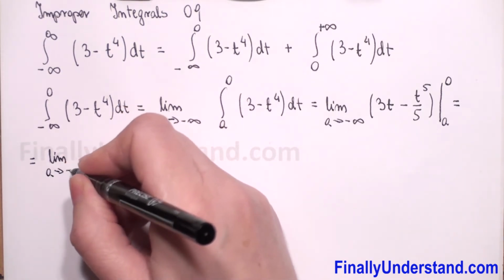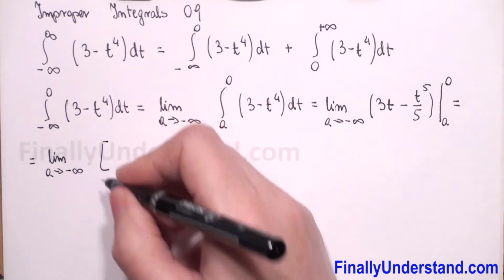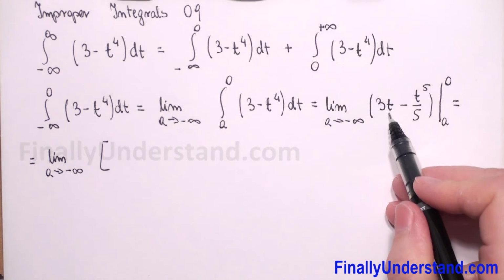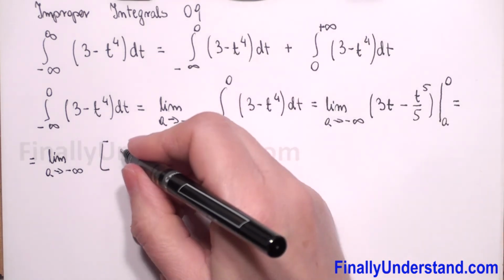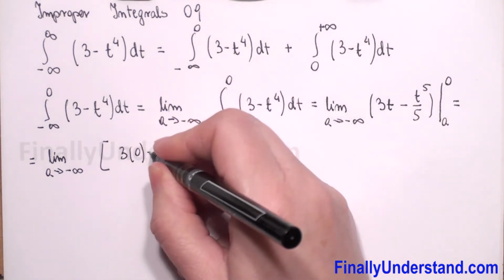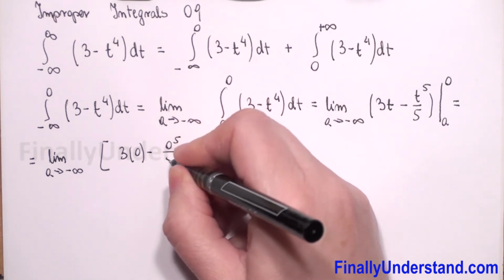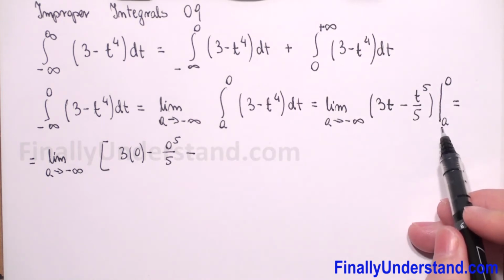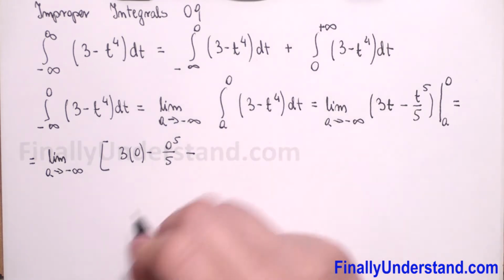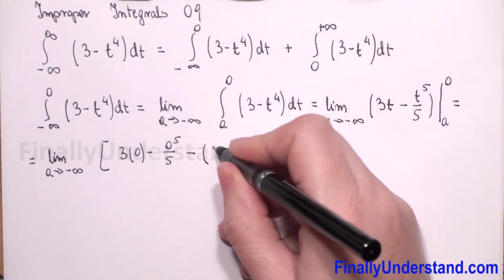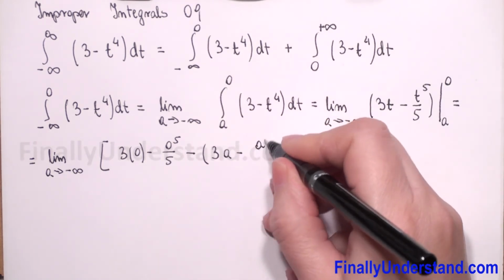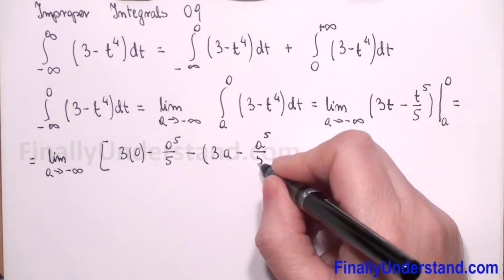So this is equal to the limit as a goes to negative infinity, and in brackets we first plug in the upper limit, 0. We replace t's by 0, so it will be 3 times 0 minus 0 to the 5th power over 5, and we subtract the lower limit. So now we plug in a instead of t's. We will have in parentheses 3 times a minus a to the 5th power over 5.